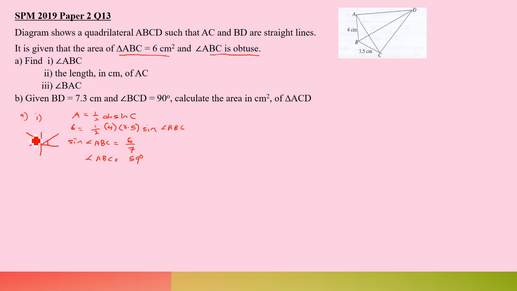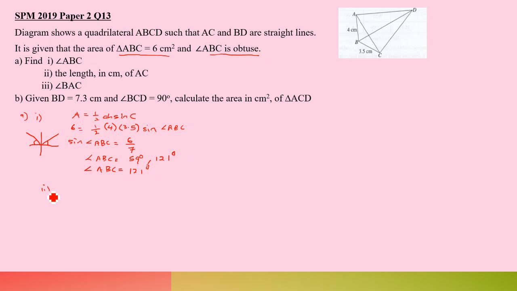It is 121 degrees, 180 minus 59. Since the answer is supposed to be an obtuse angle, the correct answer for the angle ABC will be 121 degrees. So this is the answer. 59 cannot be accepted. So be careful what is the angle given. Okay, done with that, we can go to the second part.